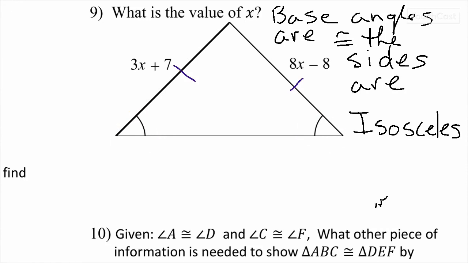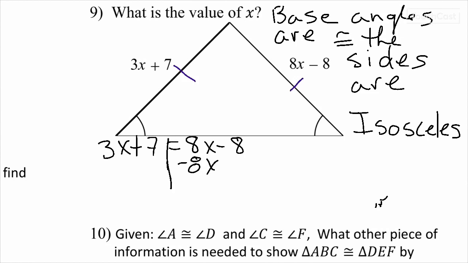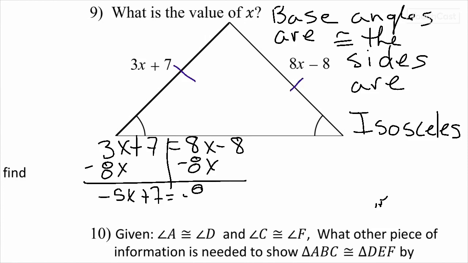So that means we have an equation. 3x plus 7 will equal, so it needs to be congruent, 8x minus 8. Again, I'm going to bring my x's together and get negative 5x plus 7 equals negative 8.